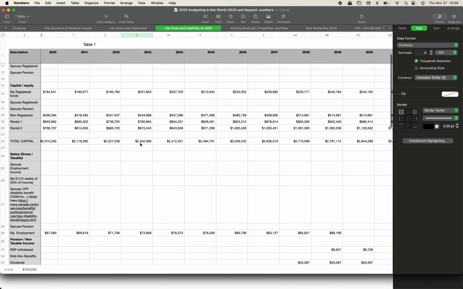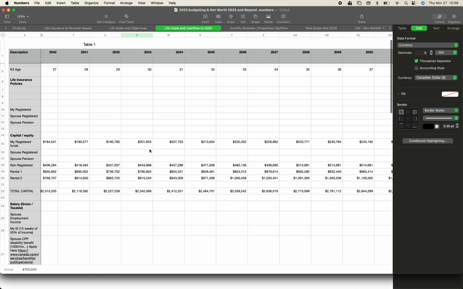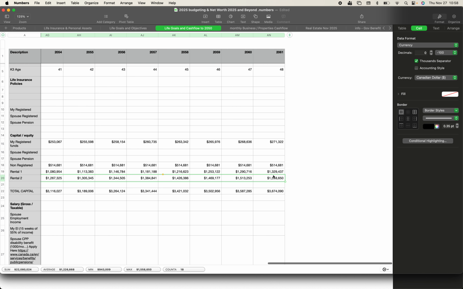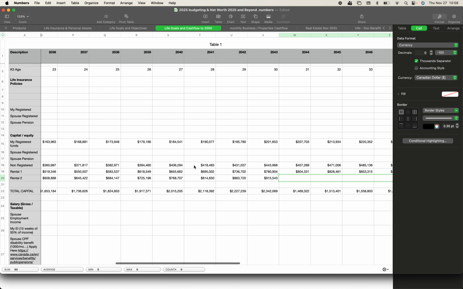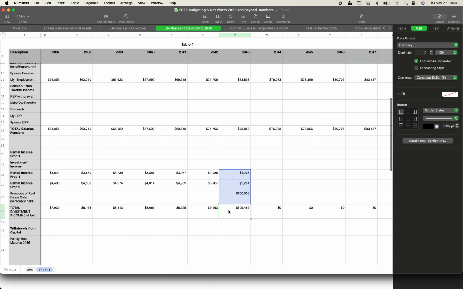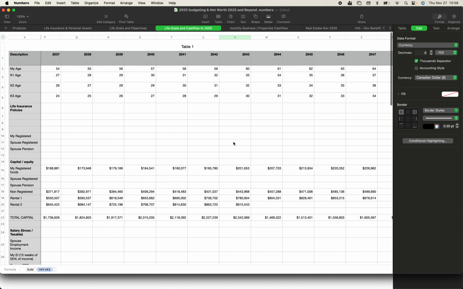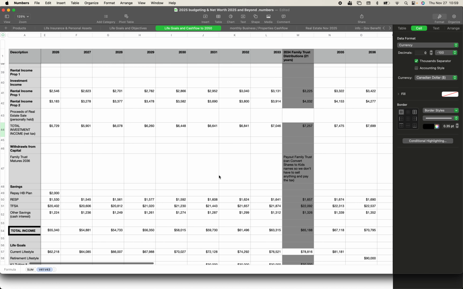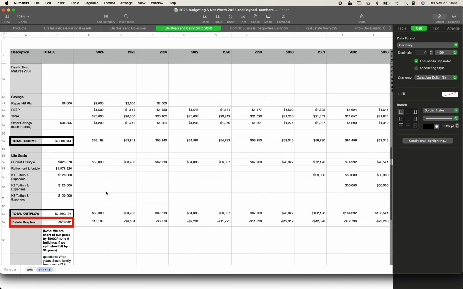Then that means this capital should grow quite a bit from the rental. Yeah, okay, that's about right. So that says 900,000. So let's delete this column because we've projected that we're going to be selling these properties here at the age of 60. So that makes sense. But you can, like I say, adjust this to what fits your plan.